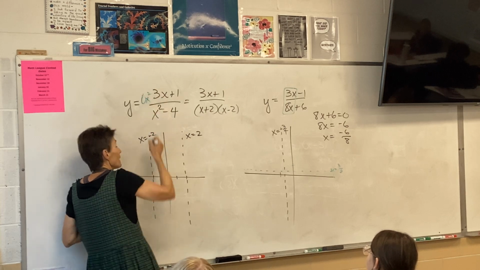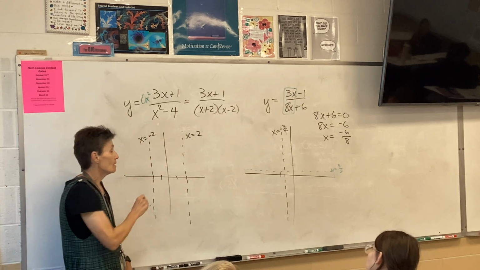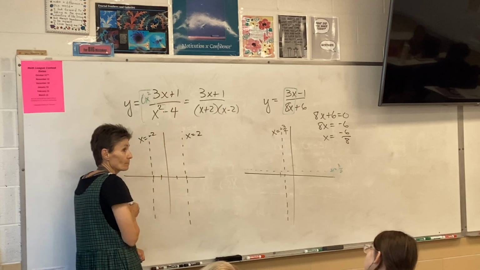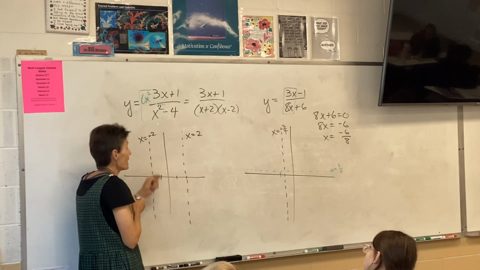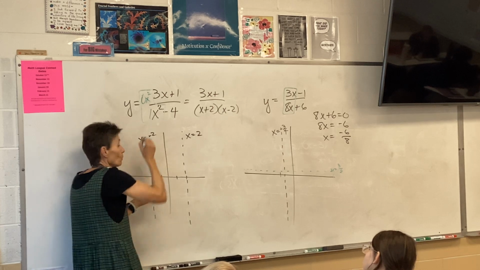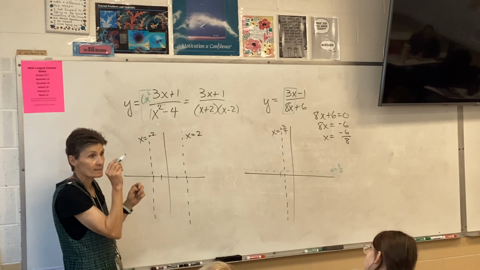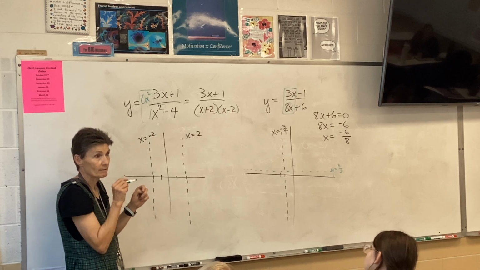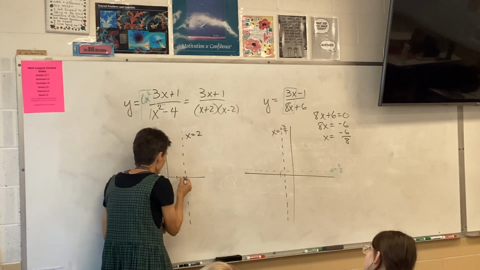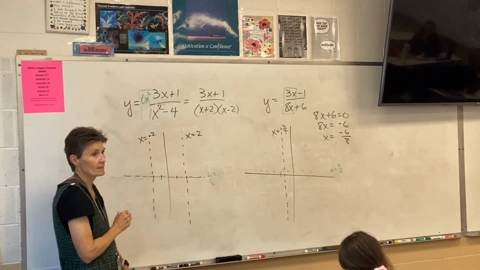So I'm going to put 0 x squareds on top, because now I can box them. I have 0 x squareds over 1 x squared. What is 0 divided by 1? 0. So your horizontal asymptote is at y equals 0.